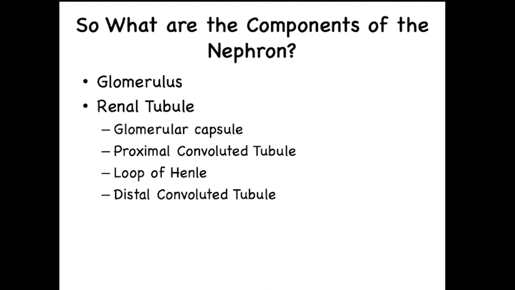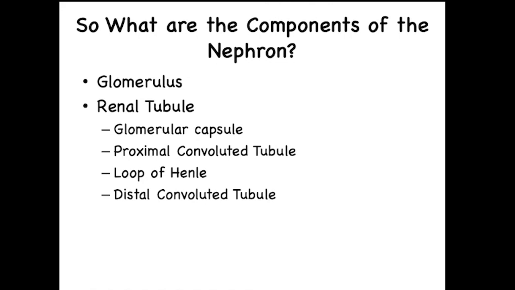Recall that the fluid going through the nephron is called filtrate. The glomerulus and the glomerular capsule collectively are called the renal corpuscle. Notice that the collecting duct is not part of the nephron.